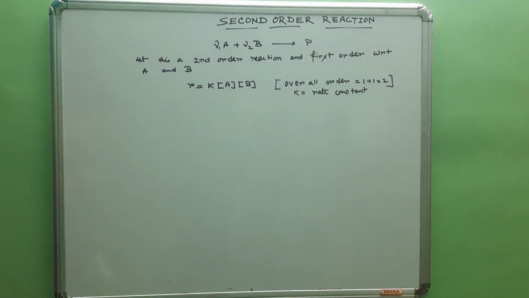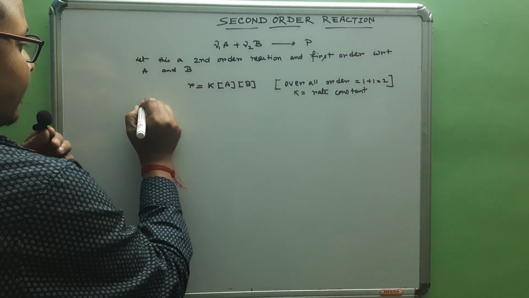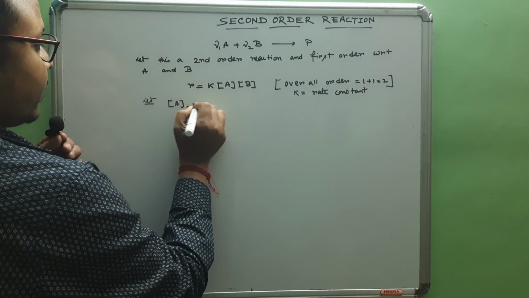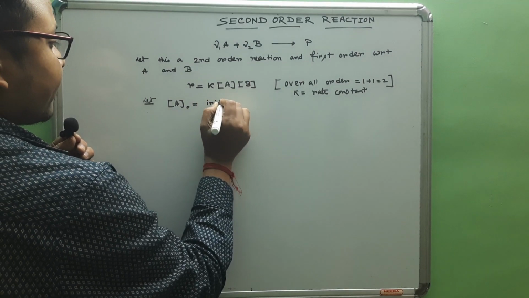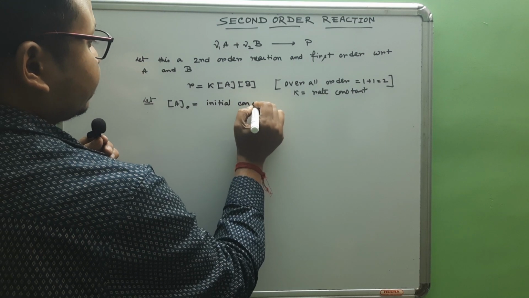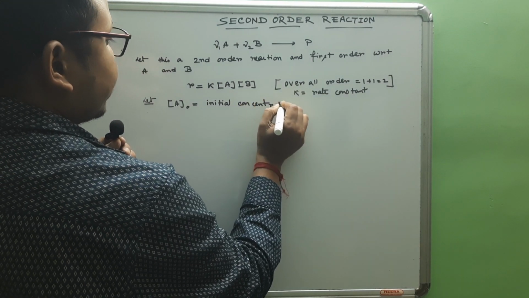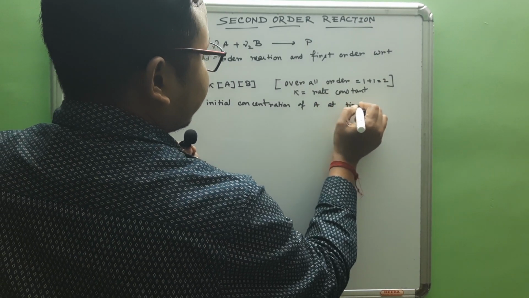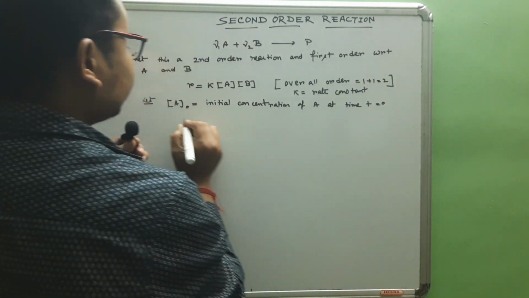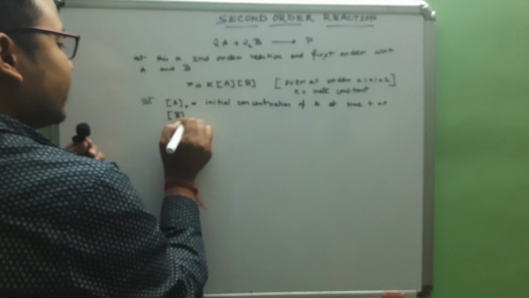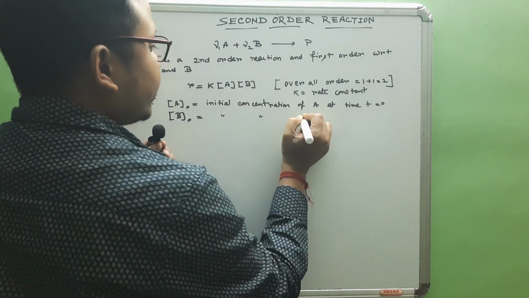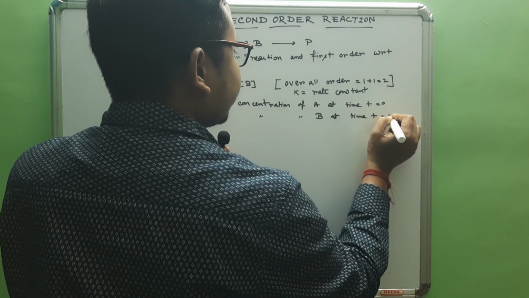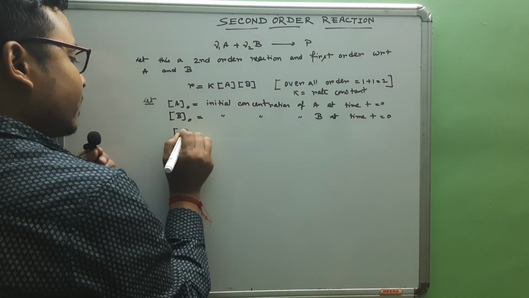Let A0 be the initial concentration of A at time t equals 0. B0 is the initial concentration of B at time t equals 0.